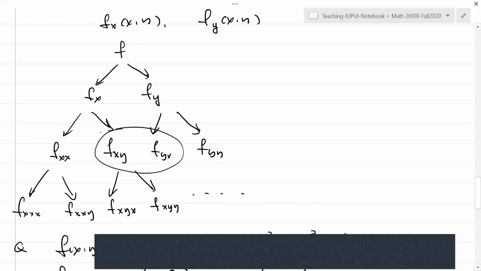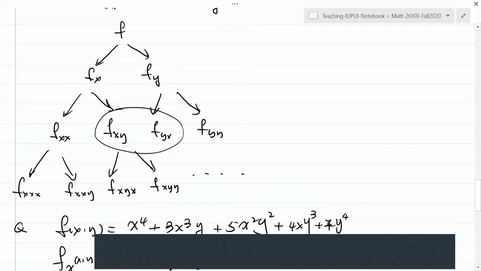So in the next generation, in general you only get three different functions instead of four, because the theorem says that f sub xy is going to be f sub yx. In the third generation, I believe those two will be the same, because it's double x, one y, double x, one y.